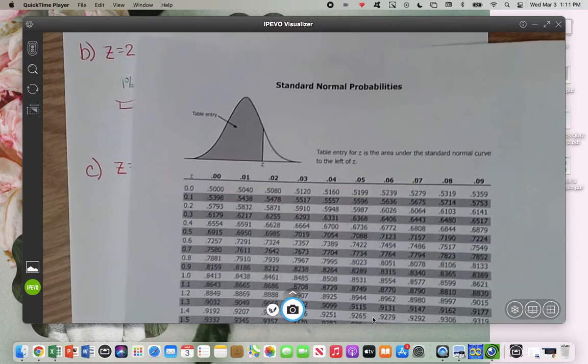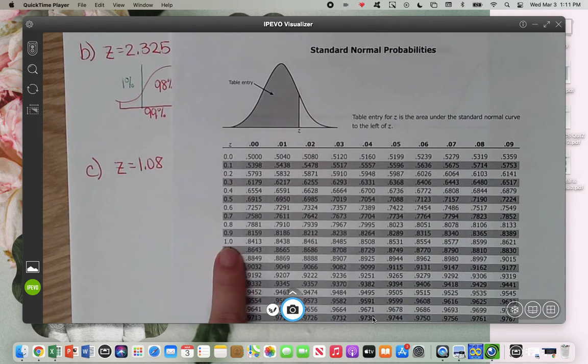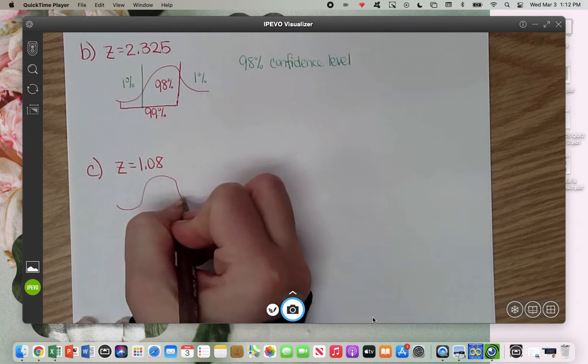So let's find that right on our chart. 1.0, then 0, 1, 2, 3, 4, 5, 6, 7, 8, and we get .8599, really close to .86. That one goes a little bit beyond .86, so this is the closest to .86. So 1.08, we can roughly estimate, say 86%.